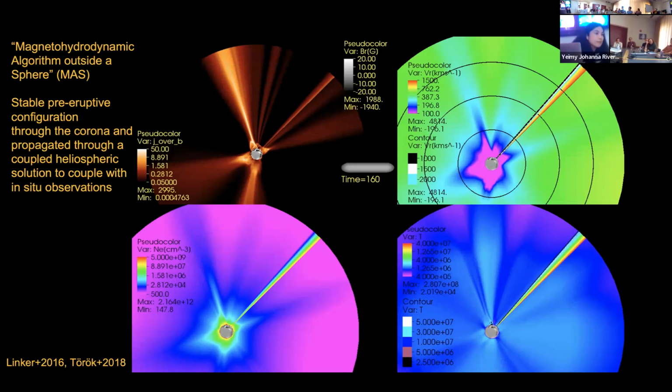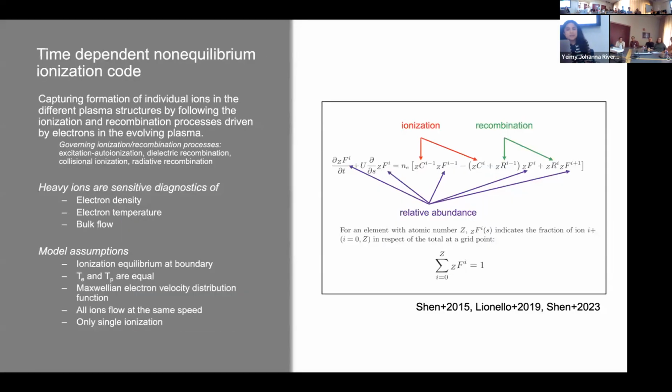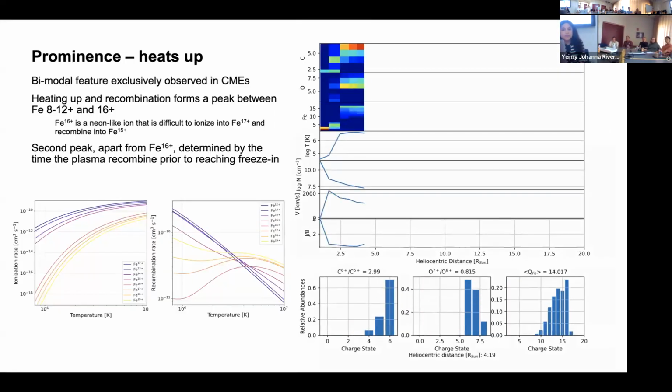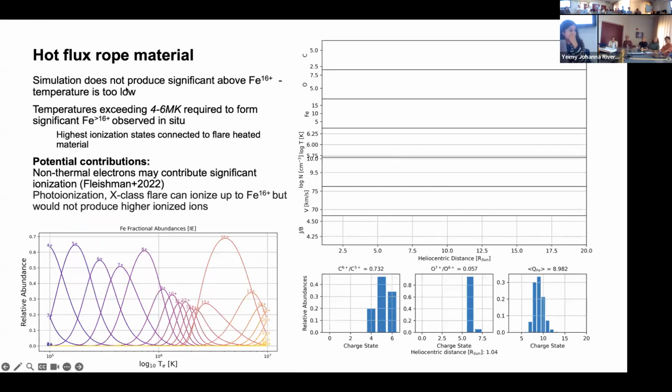For a CME, maybe not in the denser material, it's very dense, very collisional, so maybe you can get away with it there, but it's not reproducing the observations very well for the flux rope material that we're talking about.